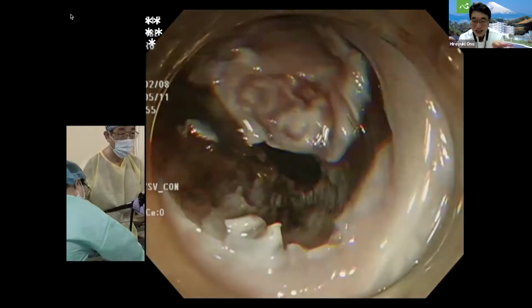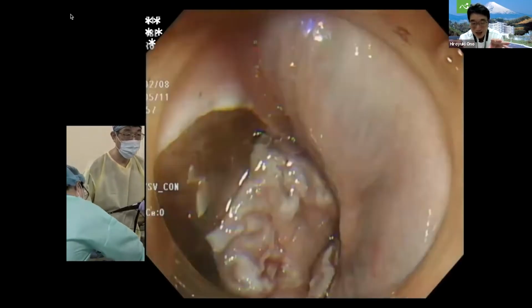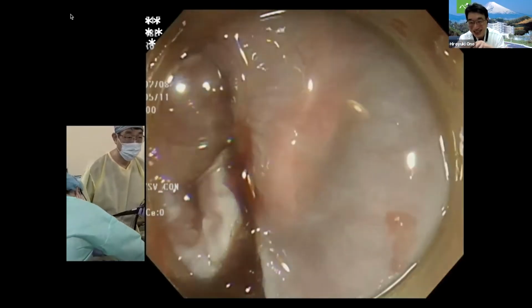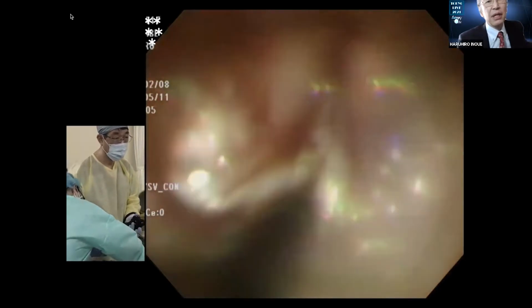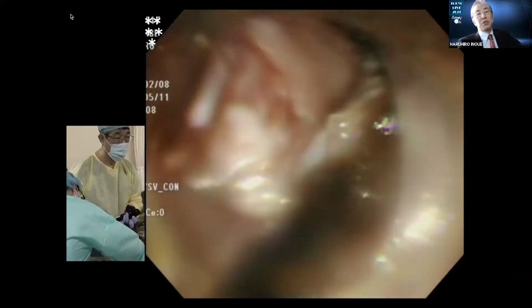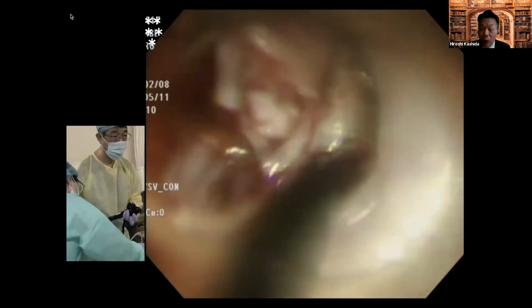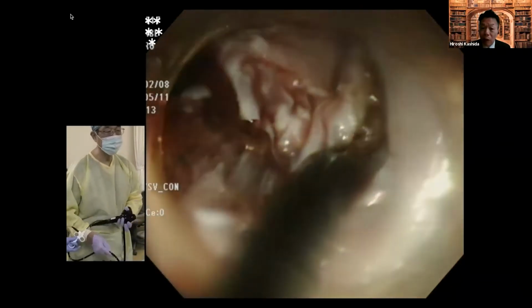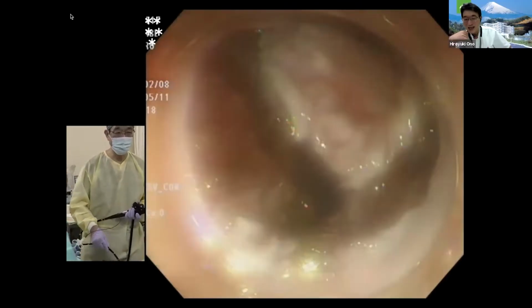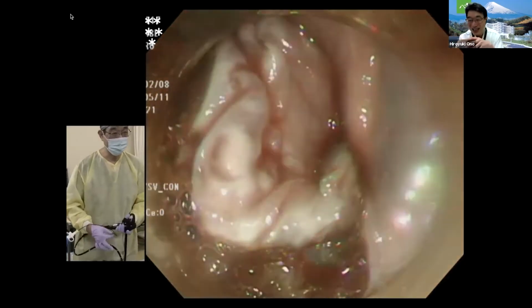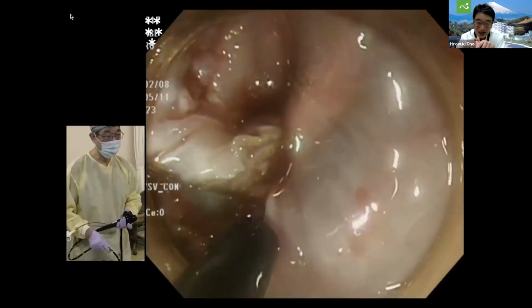So I have to cut deeper. It looks like a perforation, but it is the muscularis mucosa, not the proper muscle. I cannot see here, so I cut another area.